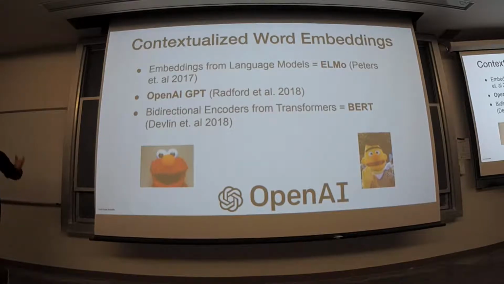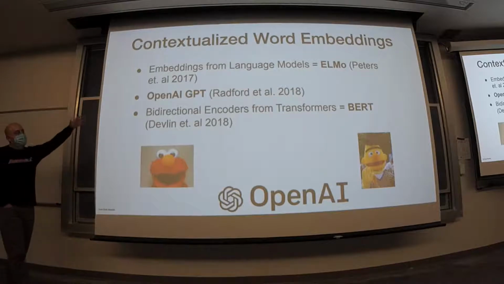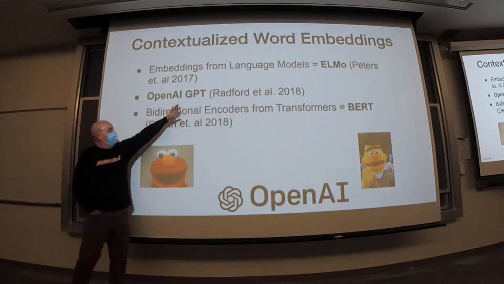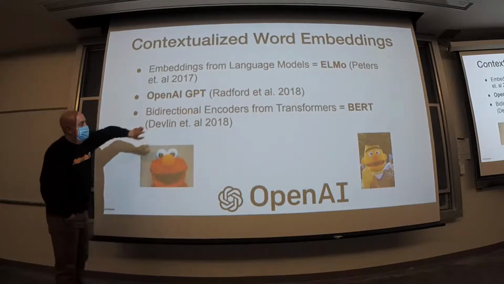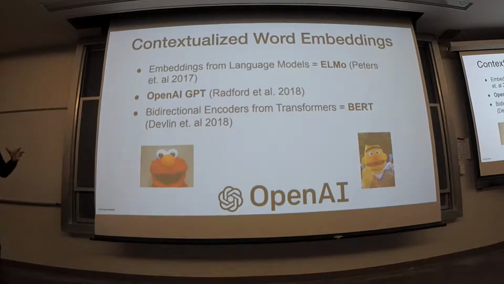There's a couple of other ones. I don't think there's a Big Bird yet or anything like that, but OpenAI just sort of bucked the trend. Actually, in their first paper, they didn't even name it GPT. It was not even a name for the model in the paper. Just people started calling it GPT because of what it is, and then that stuck, and then they used that name.